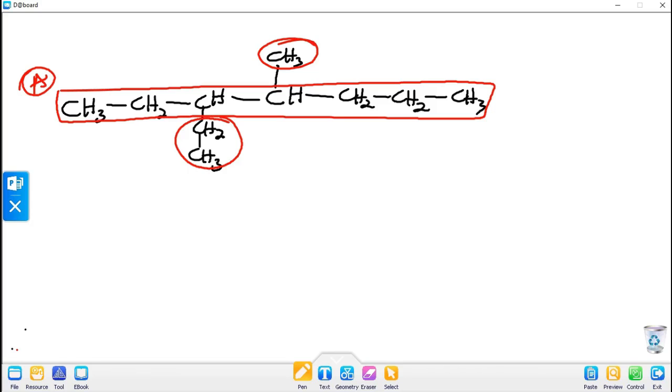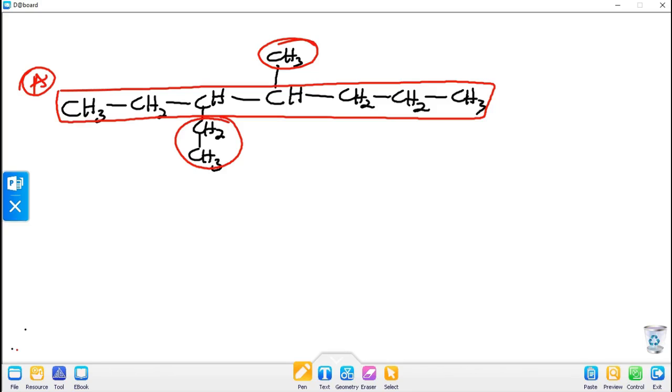When you're numbering your parent chain, you should number it from the side that will give the side chains a very low number. You have to attach a very low number to the side chains. So we must follow the route or the path that will attach low numbers to the side chains.